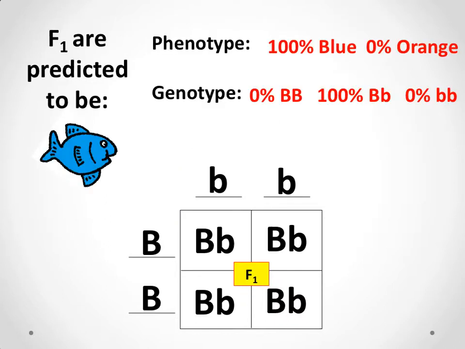Remember, inside the Punnett square is the F1, and based on this Punnett square, the phenotypes of the F1 should be 100% blue and 0% orange, because every single organism inherited that dominant blue gene, if we're right. In terms of genotypes, the F1 are predicted to be 100% heterozygous, 0% homozygous dominant, and 0% homozygous recessive.